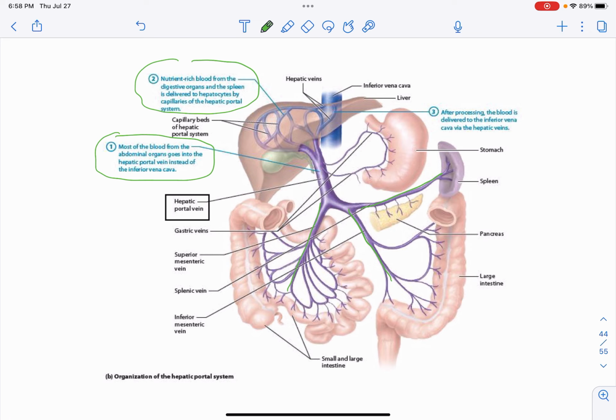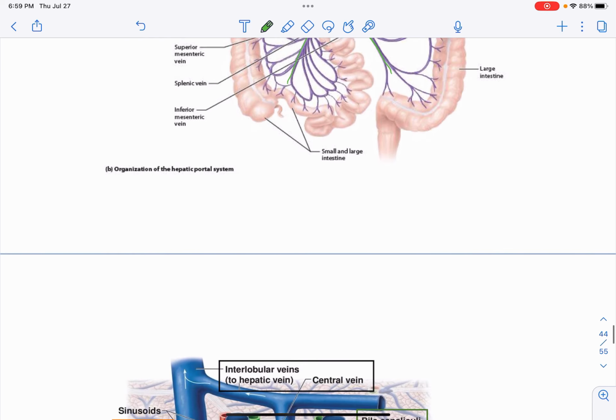And then after processing the blood, so after the nutrients are taken out, the blood will head back toward the heart through the hepatic vein. So this is actually a great diagram explaining how that is occurring.